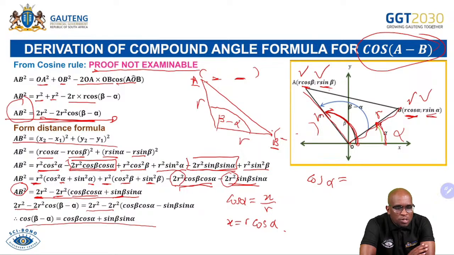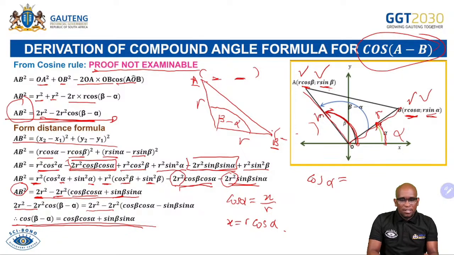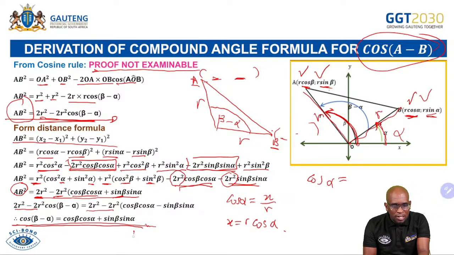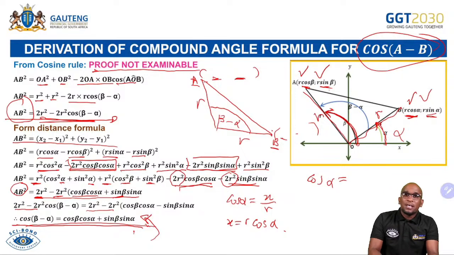If we divide both sides by 2r squared, we are going to get the cosine of beta minus alpha, which is cos beta cos alpha plus sine beta sine alpha. So this would be the proof. We were then successful in proving the compound angle expansion for the cosine.